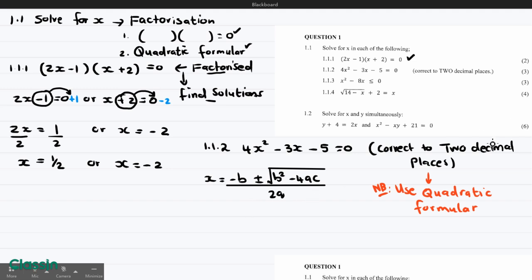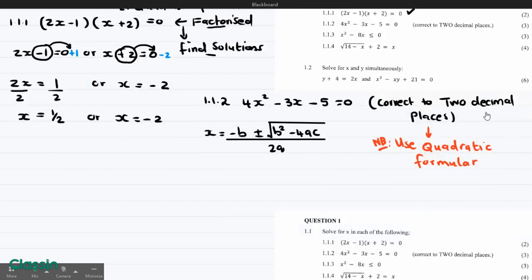But now, from here, we need to substitute. What is it that we are going to substitute? We are going to substitute the values that we have: the value of a, the value of b, the value of c. Now, what are a, b, c?